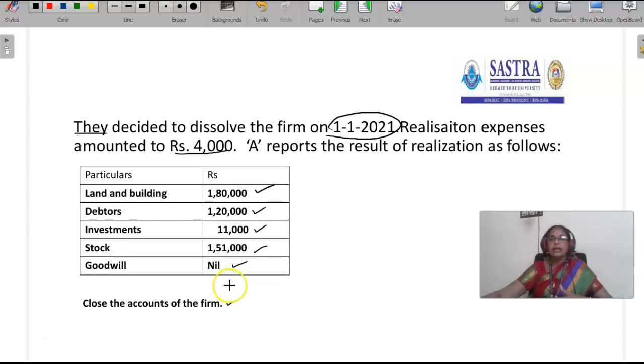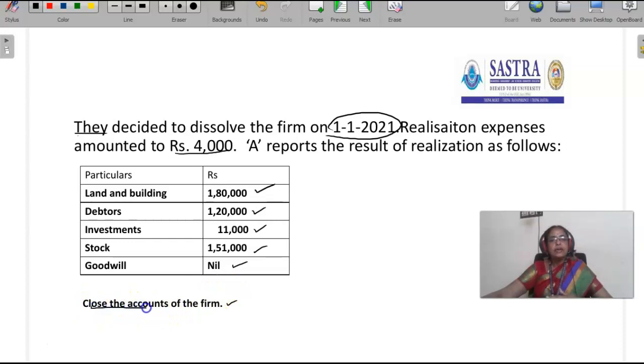Unrecorded liabilities, if any, also have to be considered while preparing the realization account, then partners' loan account, then partners' current account, and finally they settle the partners' capital account. So this is the procedure to prepare the accounts in the case of dissolution.